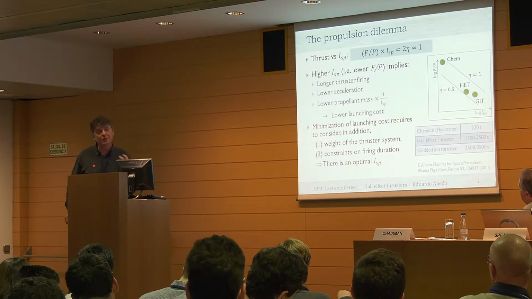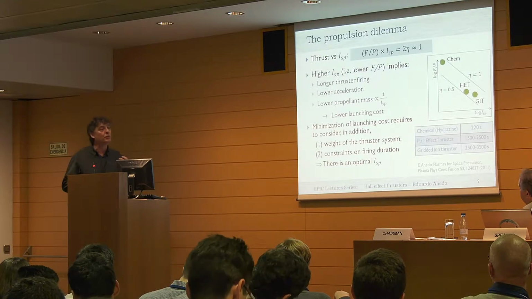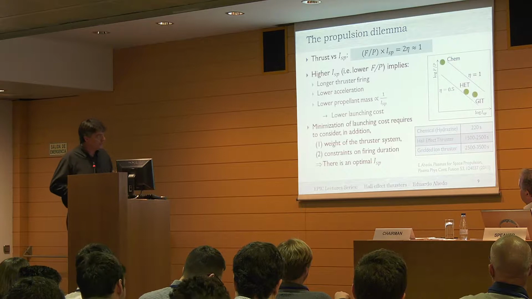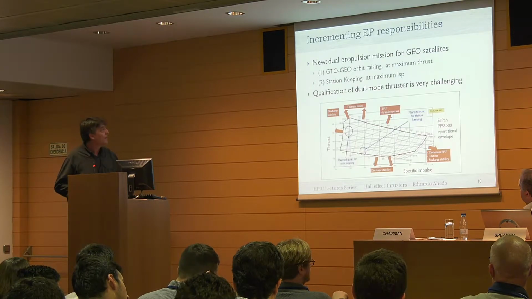So we have a constraint on time, and with all of that, at the end, we arrive at an optimal Isp that sometimes is not the biggest one we can have. That is why for certain missions, the gridded ion engine is not the best thruster, because the optimal specific impulse can be closer to the Hall thruster than to the gridded ion thruster.